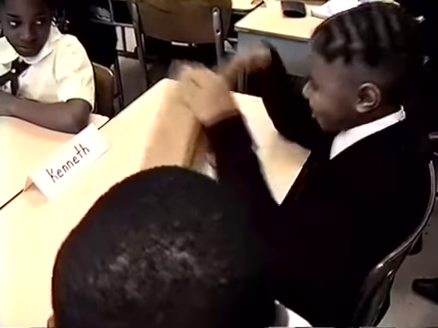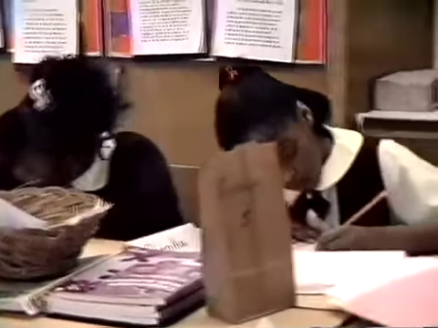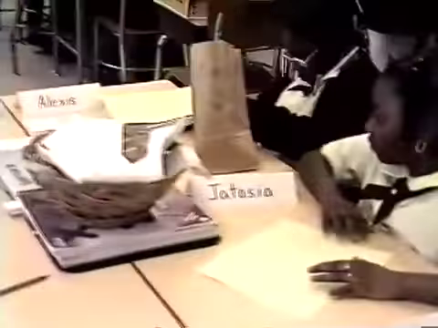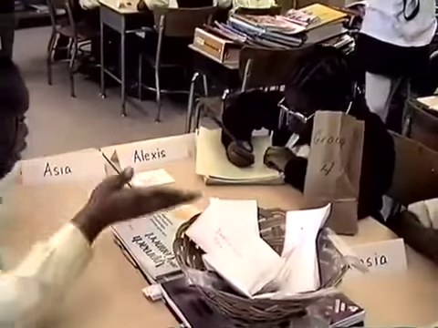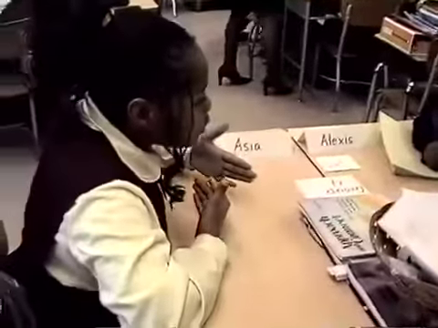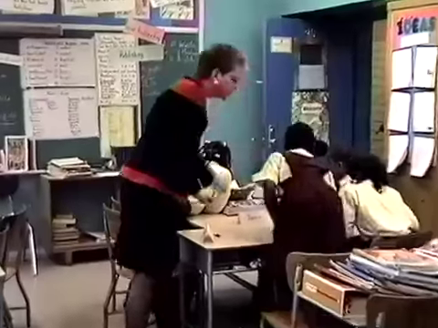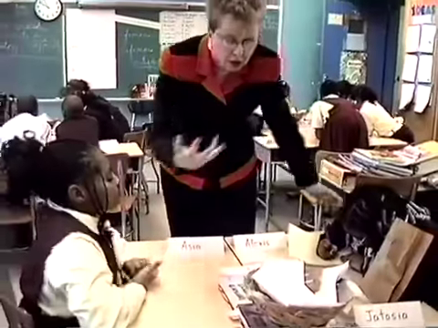Then start writing down the adjectives. Hurry up. Go ahead, work together. Come on, get in there. What adjectives describe that object? Come on. Suggesting. Now, you know what the object is?